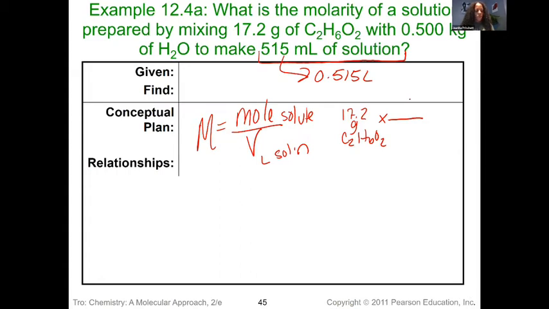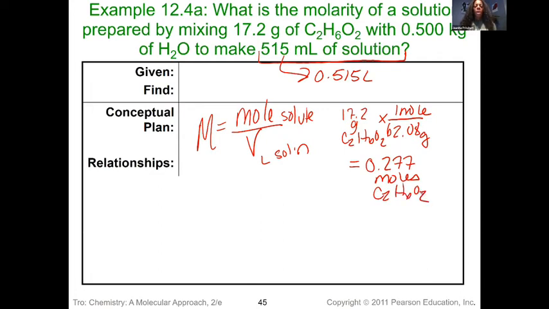We need 12.01 for carbon, but there's 2 of them, plus 1.01 for hydrogen, but there's 6 of them, plus 16 for oxygen times 2. And that gives a total of 62.08 grams is to 1 mole. When we plug that in, we get 17.2 divided by 62.08, and that gives us a total of 0.277 moles of the C2H6O2.